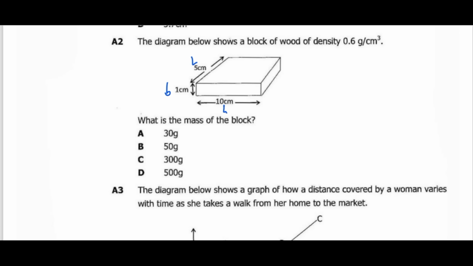We know that density is equal to mass divided by volume. So to find mass, we need to multiply density by volume. Now we know that the density is given. So what can we do? We are going to use the 3 dimensions to find the volume. Volume is equal to L times B times the height.